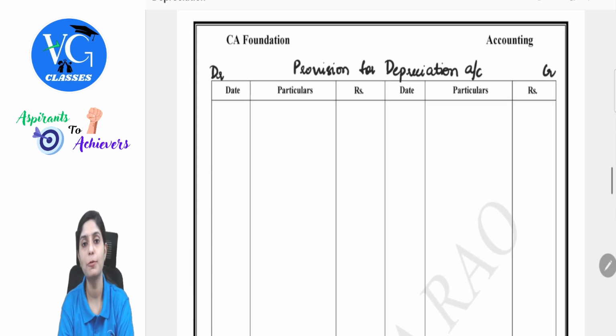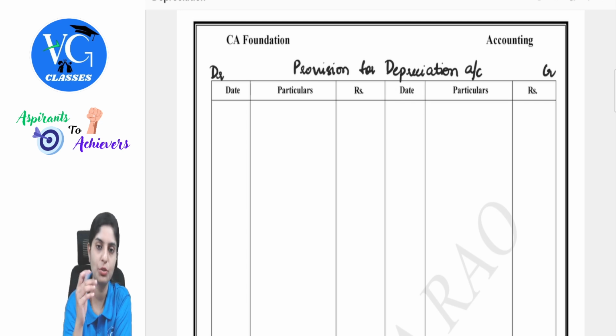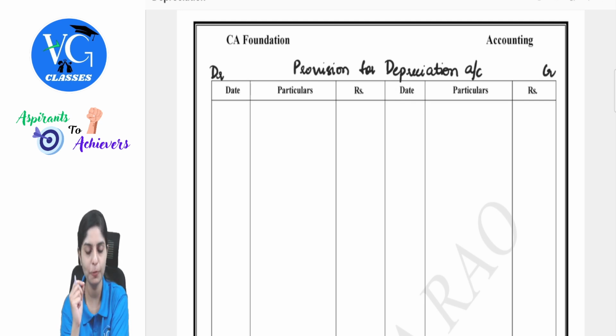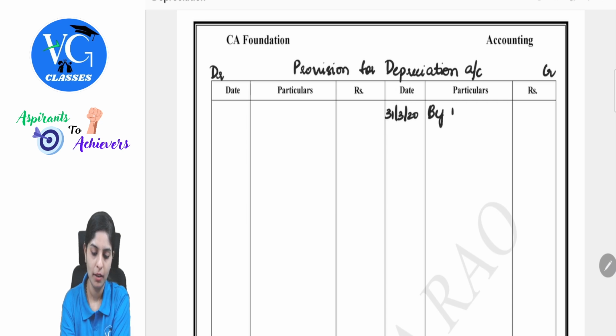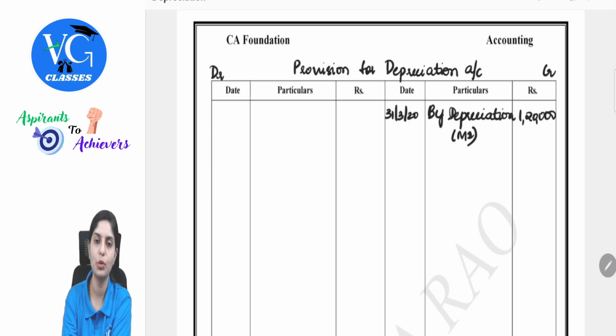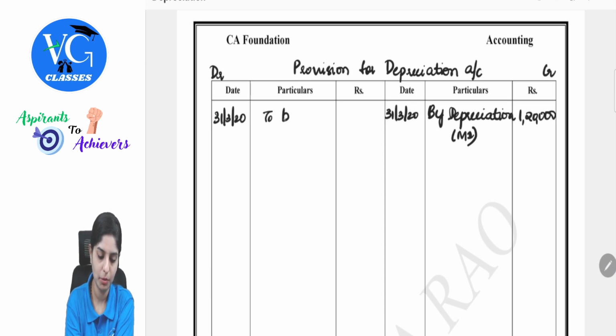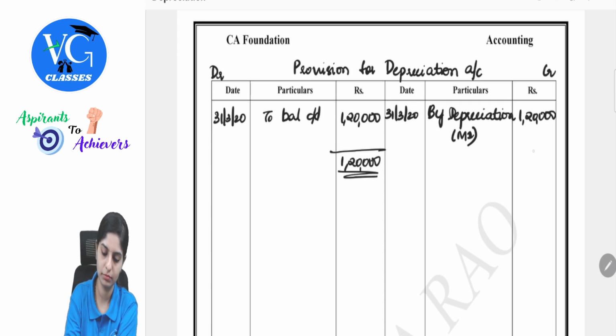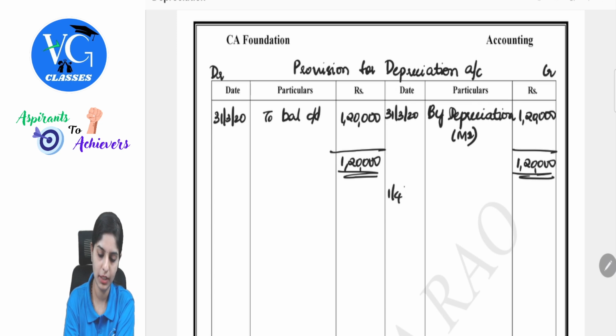In provision for depreciation for that particular year, there needs to be a depreciation charge. So the entry will be depreciation account debit to provision for depreciation. That happens on which date? 31st March 20, by depreciation 1,20,000. No other event happening on the same date. To balance carried down 1,20,000. First April 21.